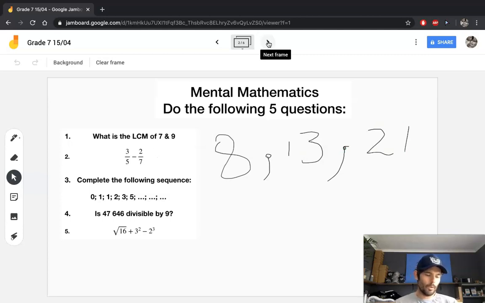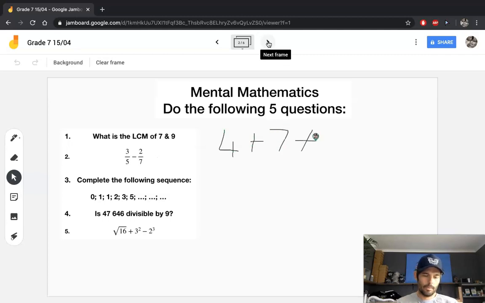In question 4, is 47,646 divisible by 9? So here, guys, we're looking to test whether you know your divisibility rules, and 9 is the same as 3. So if I add the individual digits within 47,646, you're going to get an answer of 27.